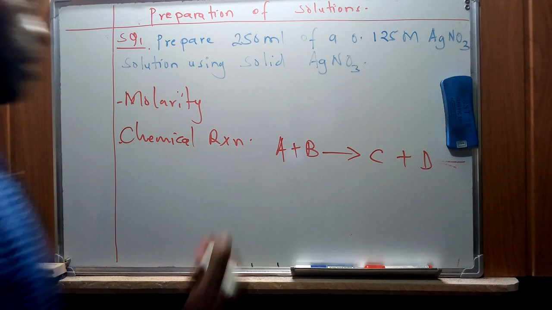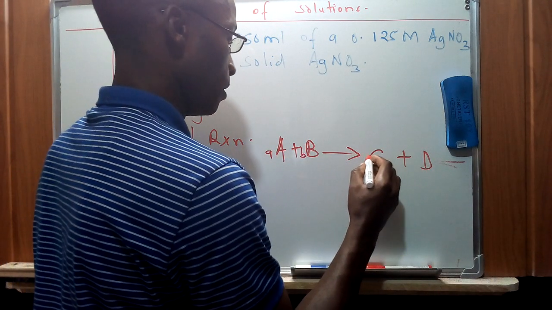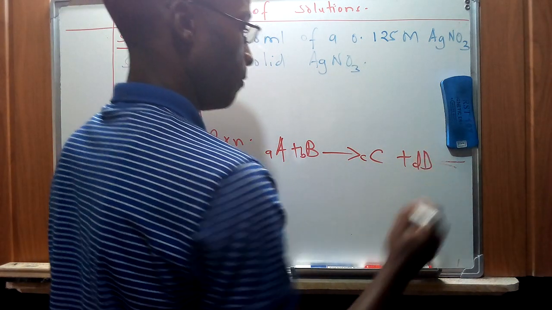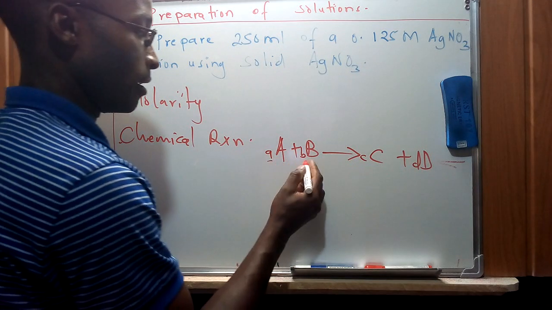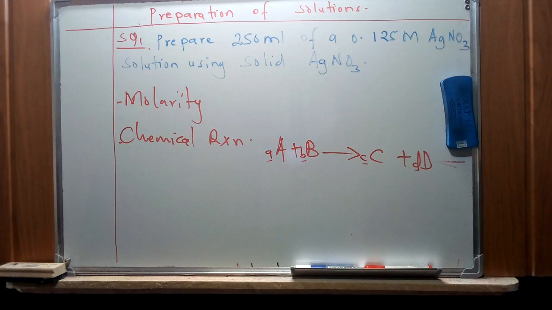So in this case, there are coefficients which precede the symbols that are representing different chemical species, or the products, which are indicated using the letters small a, b for the reactants, and c and d for the product side.